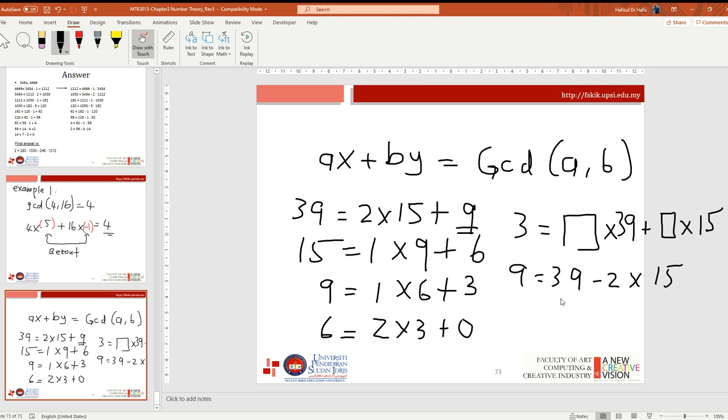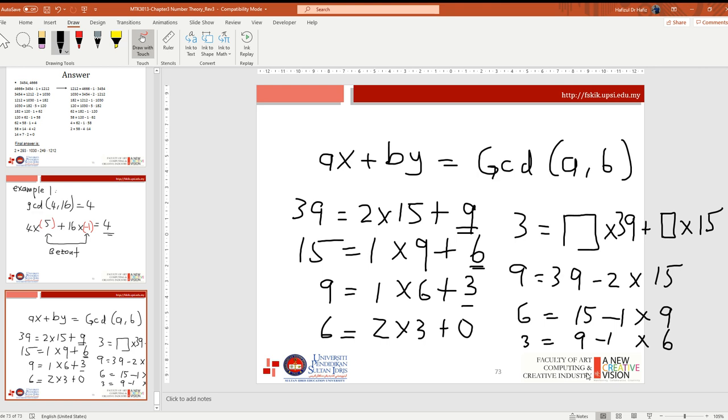Okay, dapat 9 lah. Okay, lepas tu kita start dengan 6 pula. 6 sama dengan 15 tolak 1 kali 9. Lepas tu kita start dengan 3. 3 sama dengan 9 tolak 1 kali 6.